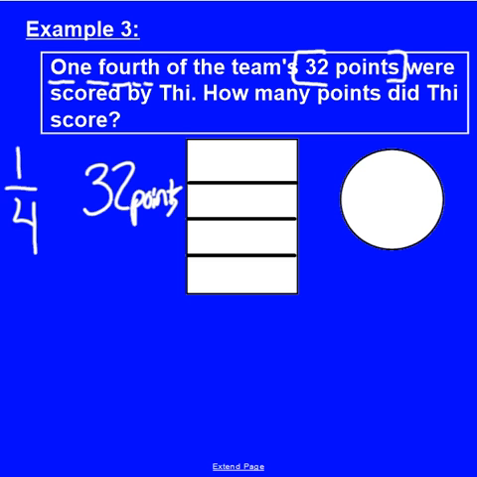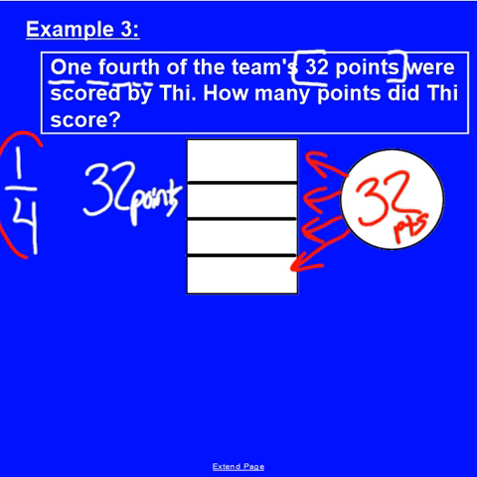How many points did Dee score? So 1/4, I'm going to put 32, it's my total, in my bubble, and I'm splitting it up into 4 equal parts because I want to find out what 1/4 equals.